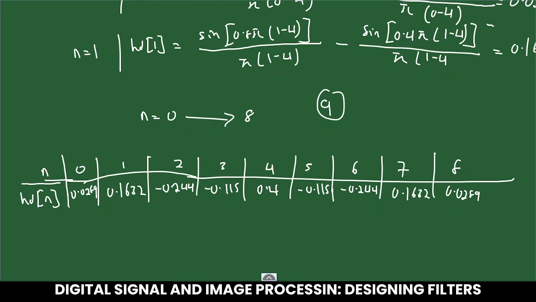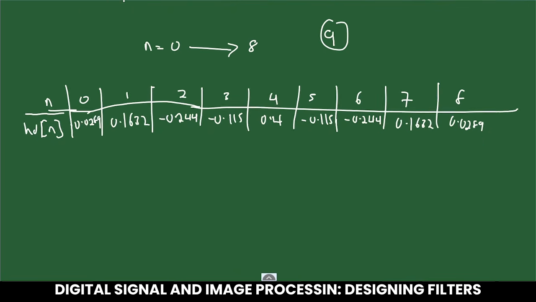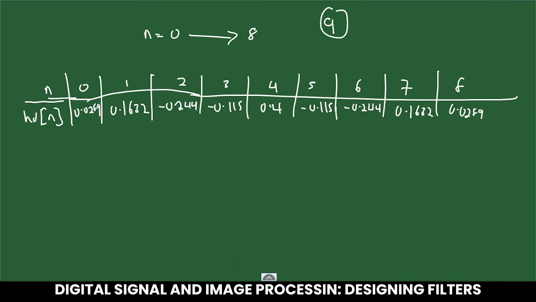So right now we have our coefficients from the Hamming window, and we also have our ideal frequency response. Now we just have to multiply them so that we get the coefficients for the filter.